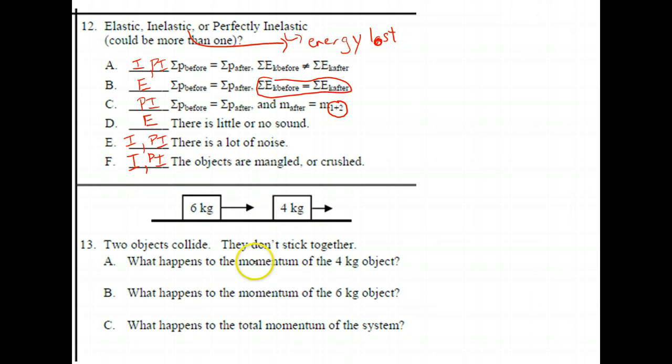This has a small one. Yep, good. The momentum here will increase. It's going to end up going faster. So if this one ends up going faster and this one increases, then what happens to the 6 kilogram object? We have to decrease. So this decreases. Okay, and the total momentum of the system remains the same.